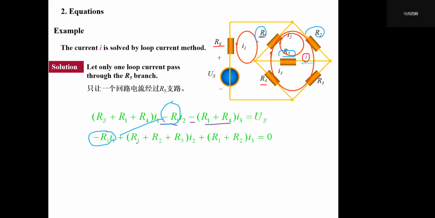Its direction is identical on the boundary resistance with loop 3. R1 and R2, those two, are in the same direction as loop 3, so their mutual resistance we give a positive sign.